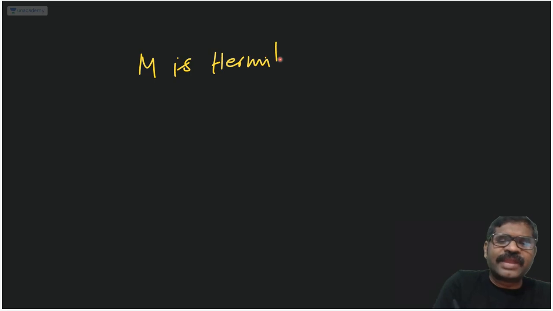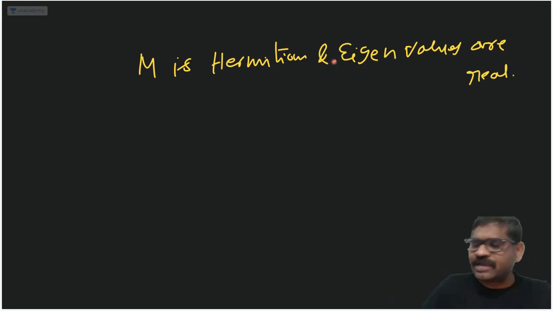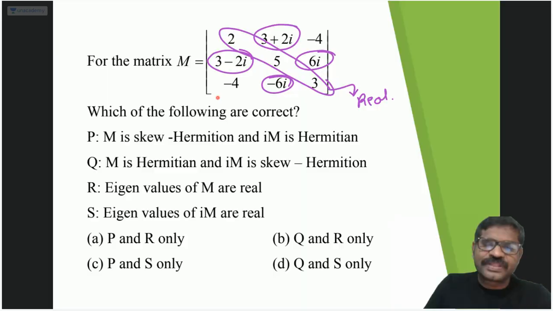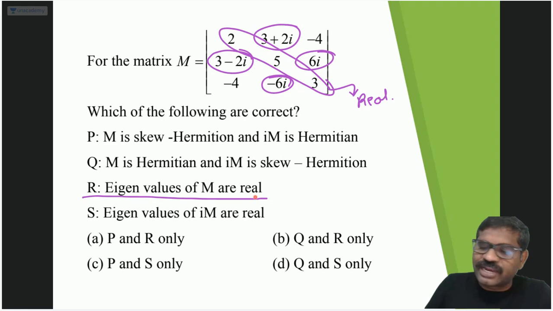If the matrix is Hermitian, eigenvalues are real. Eigenvalues of M are real. That is correct. Next, M is Hermitian.